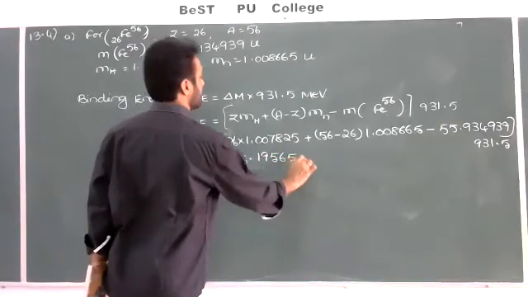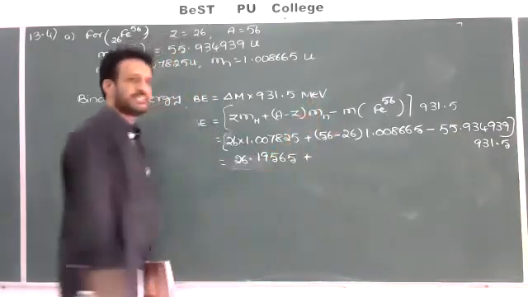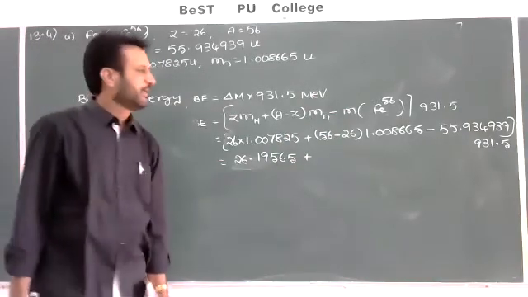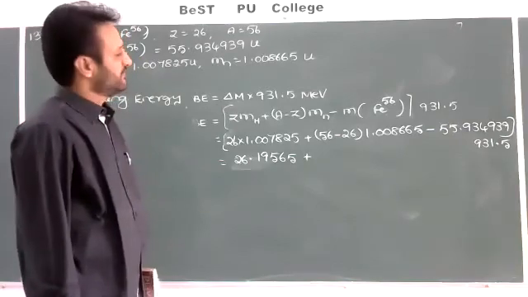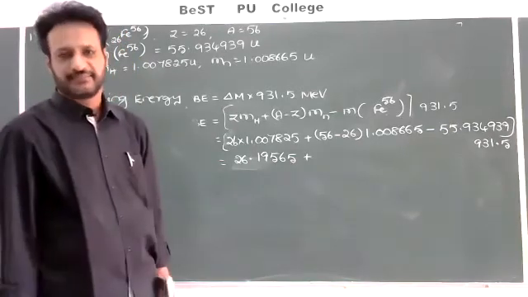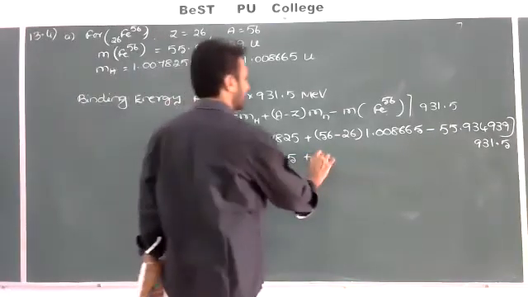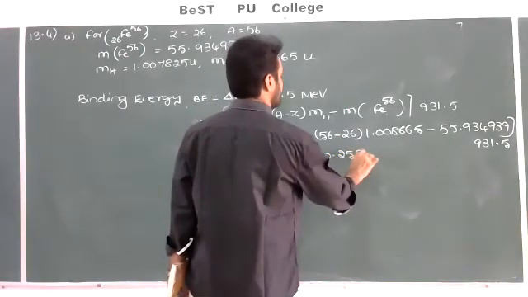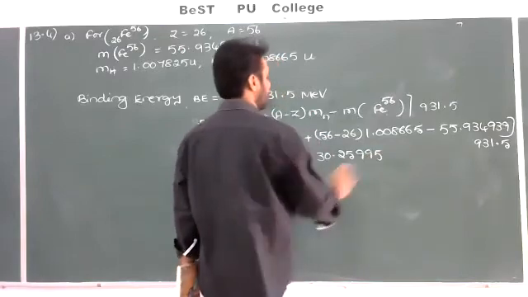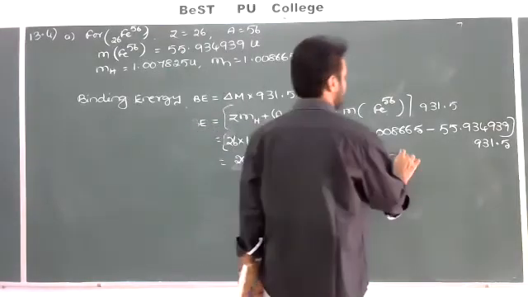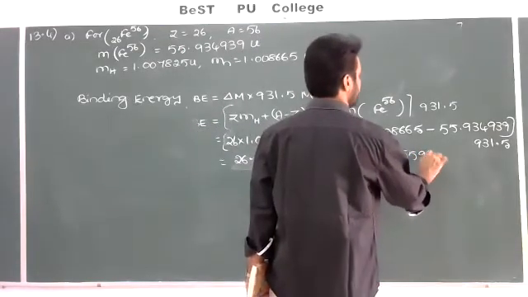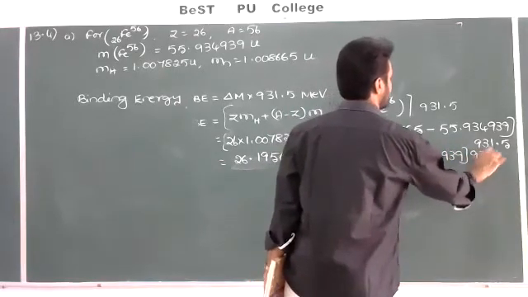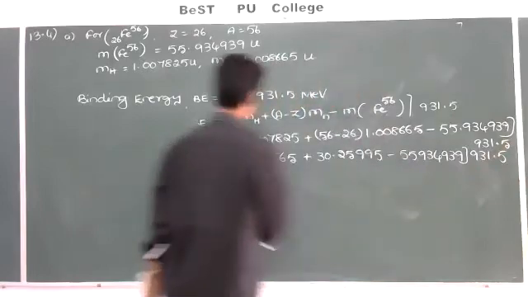That is 26.19565, plus 56 minus 26 equals 30, 30 into 1.008665, which is equal to 30.25995. Now add these two numbers, minus 55.934939, into 931.5 you should write.